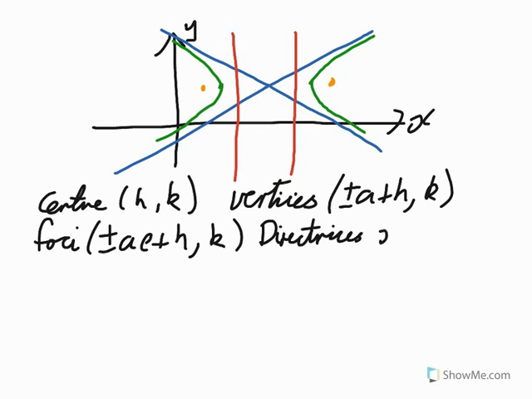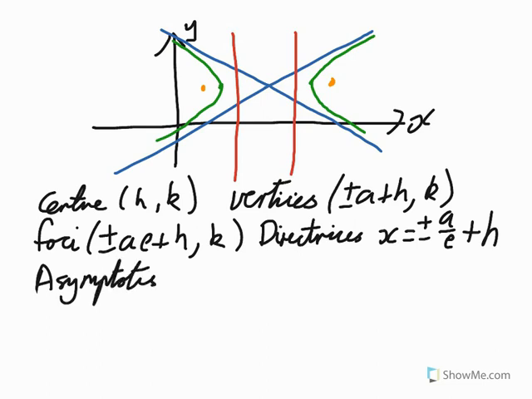Directrices were x equals plus or minus a on e plus h. Asymptotes, y minus k equals plus or minus b on a times x minus h.